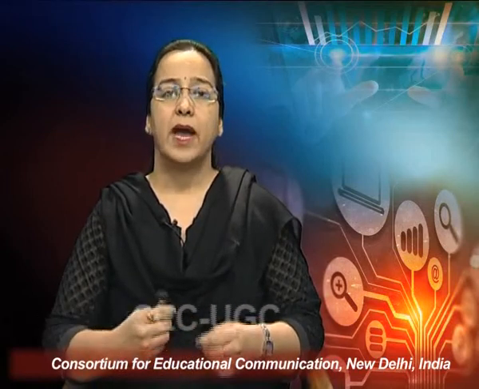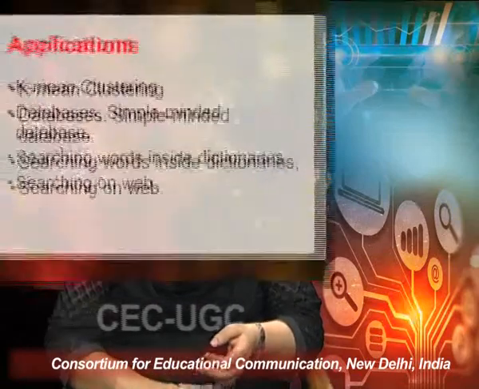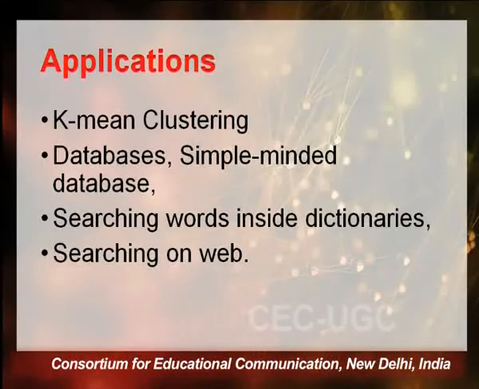Coming to the actual applications of red black trees: they are used in k-means clustering, and in various databases. In order to search words inside dictionaries, red black trees are required, because there we cannot afford unreasonable heights.